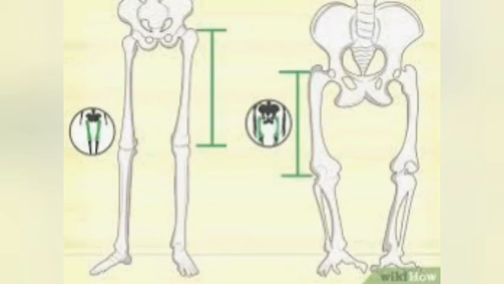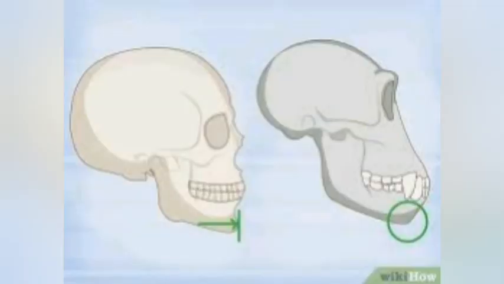When you discover a skull, for example, and you don't know whether it is a human skull or not, then check for the chin, because most animals do not possess even a chin.